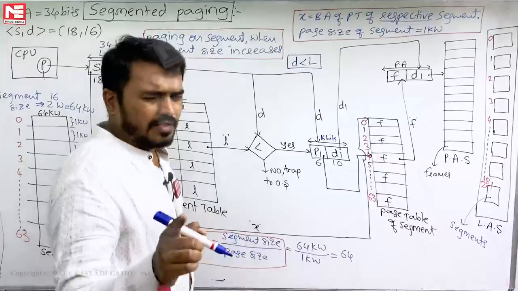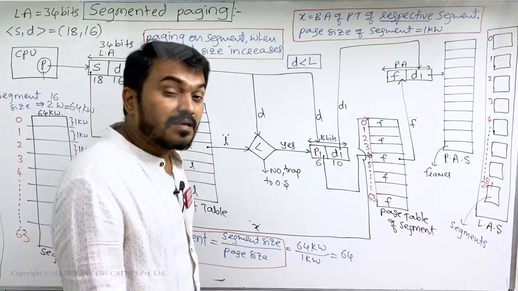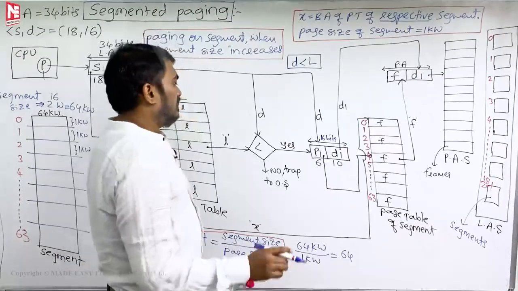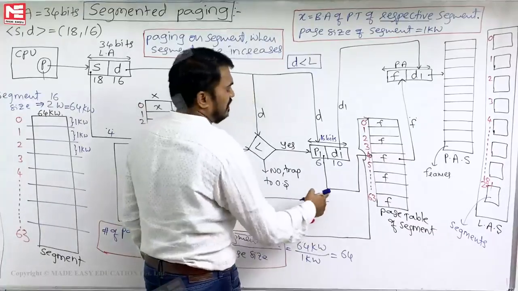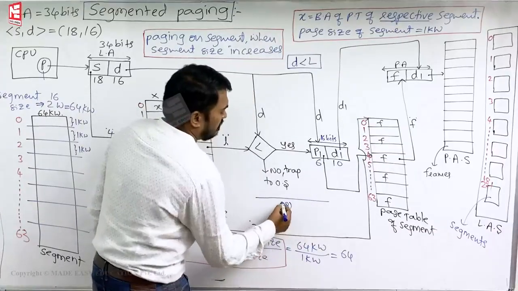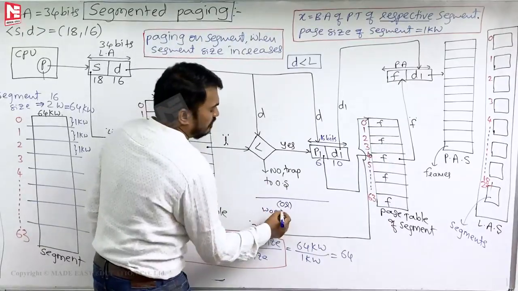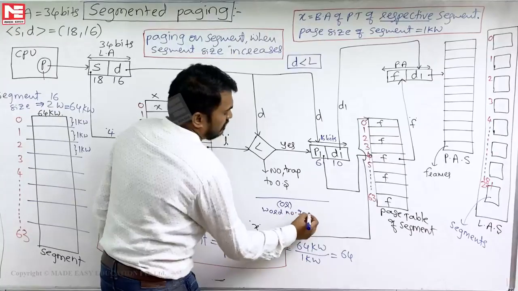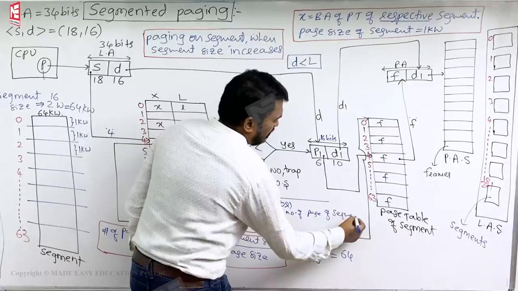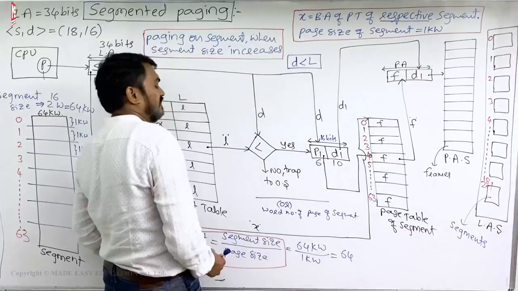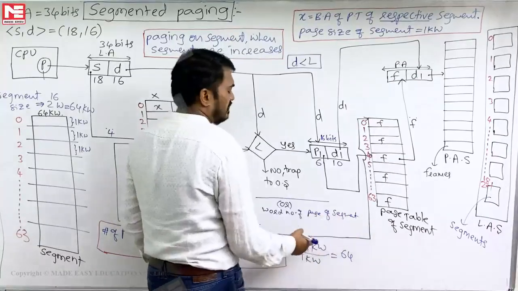Sorry, number of bits required to represent page size of segment. Write it properly like this: number of bits required to represent page size of segment, or word number of page of segment.